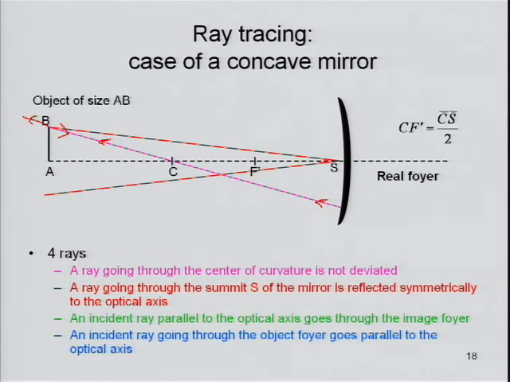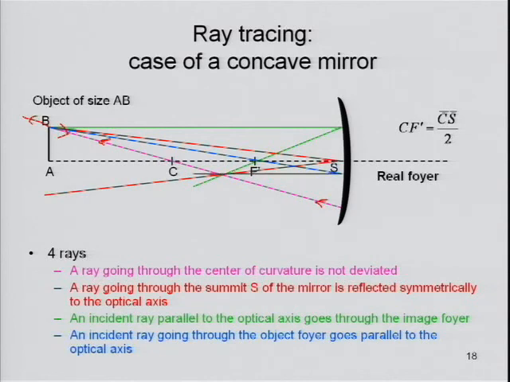The third one is an incident ray parallel to the optical axis, which goes through the image focal point, F prime. So here we are. And then the fourth ray is the ray going to the object focal point, which is also the image focal point, F prime. It will be reflected and will be parallel to the optical axis, like that.